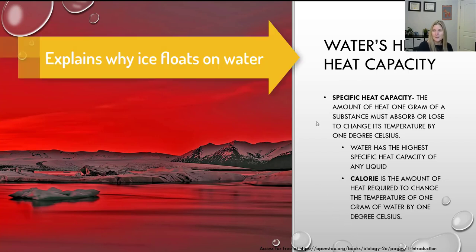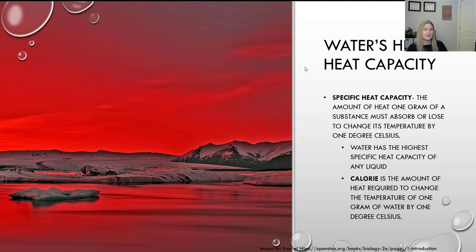Okay. Another property of water that helps with our living things is that water has a high specific heat capacity. So specific heat capacity is the amount of heat 1 gram of a substance must absorb or lose to change its temperature by 1 degree Celsius. Now water has a very high specific heat capacity compared to any other liquid.